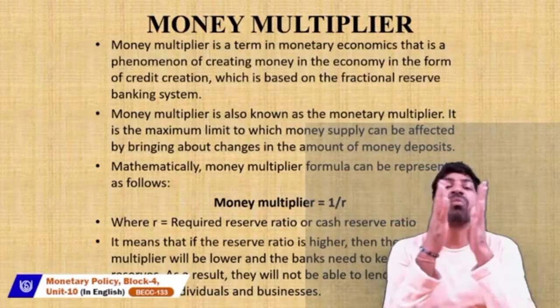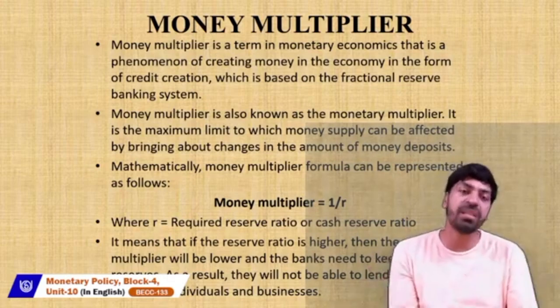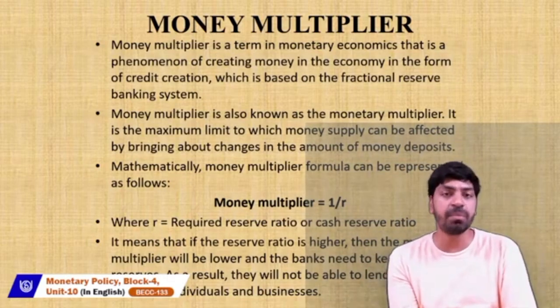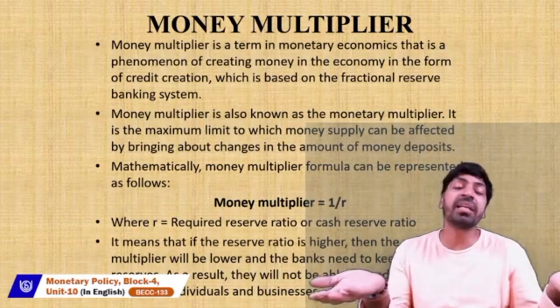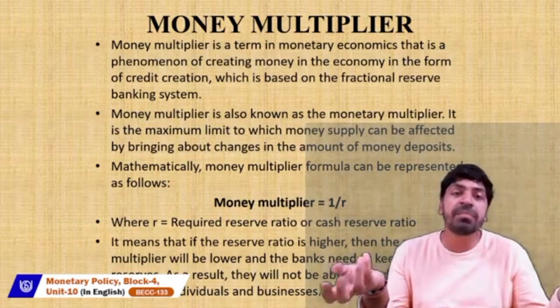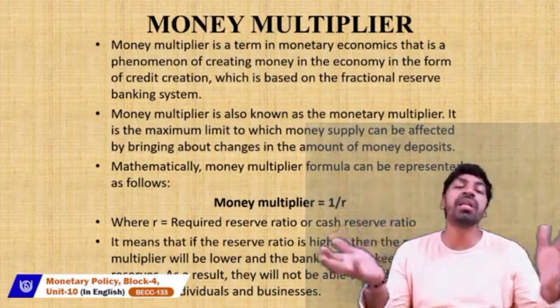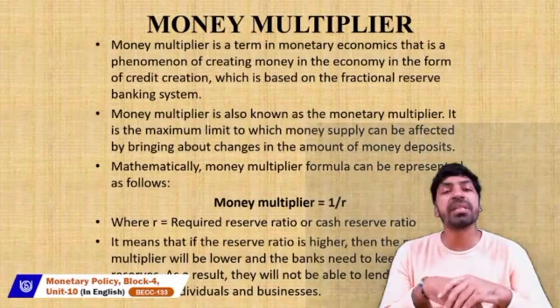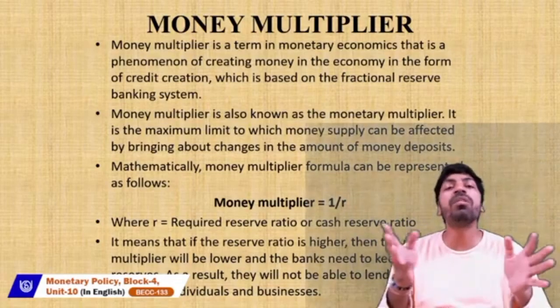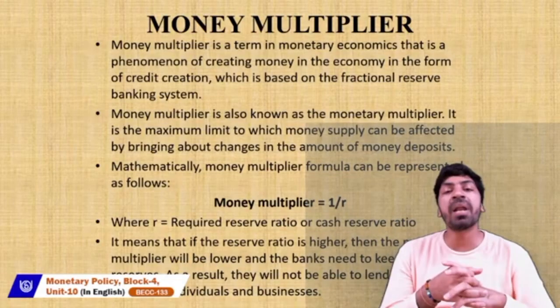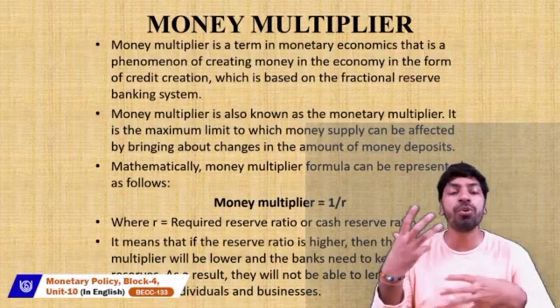That means credit creation would not be possible. The bank will not be able to lend more money to individuals and businesses. So this is an overview of the money multiplier in the form of a short note.